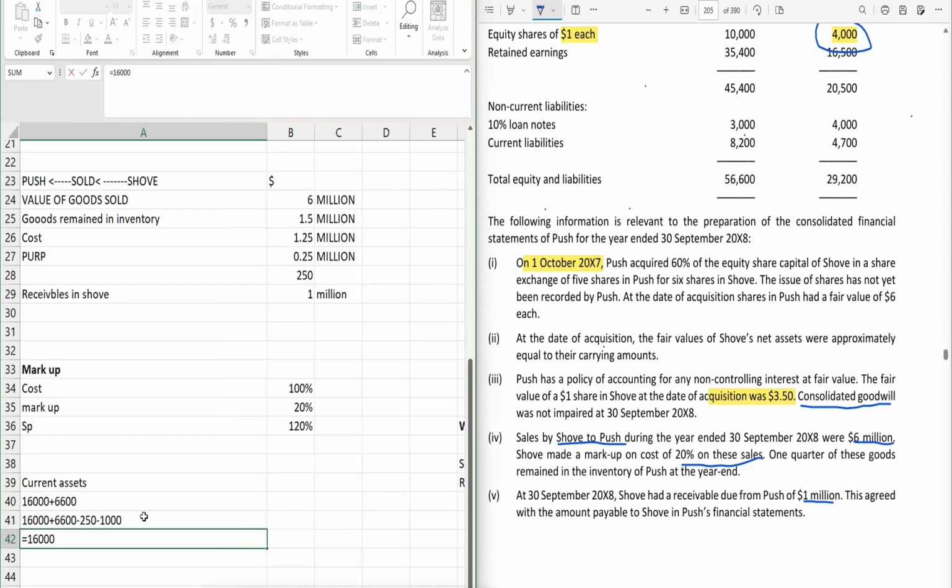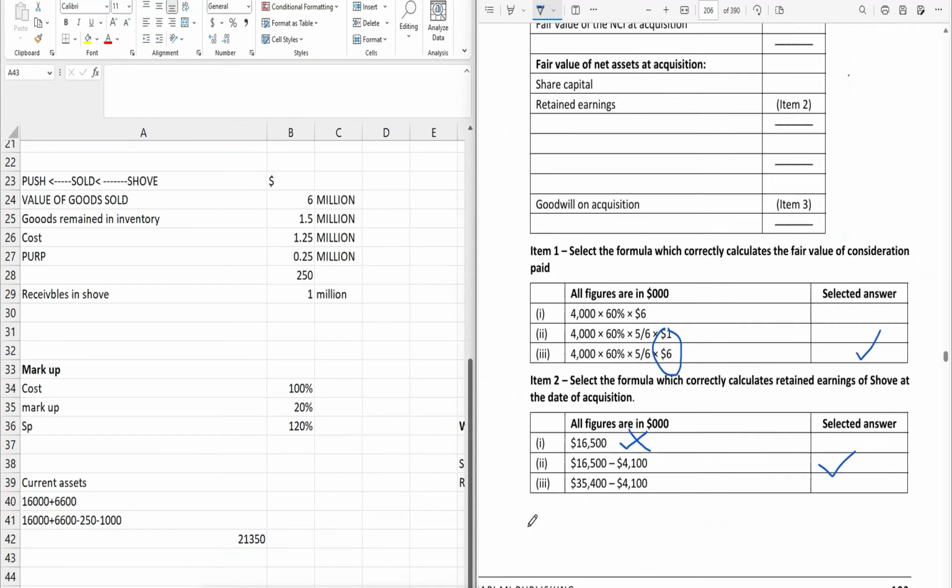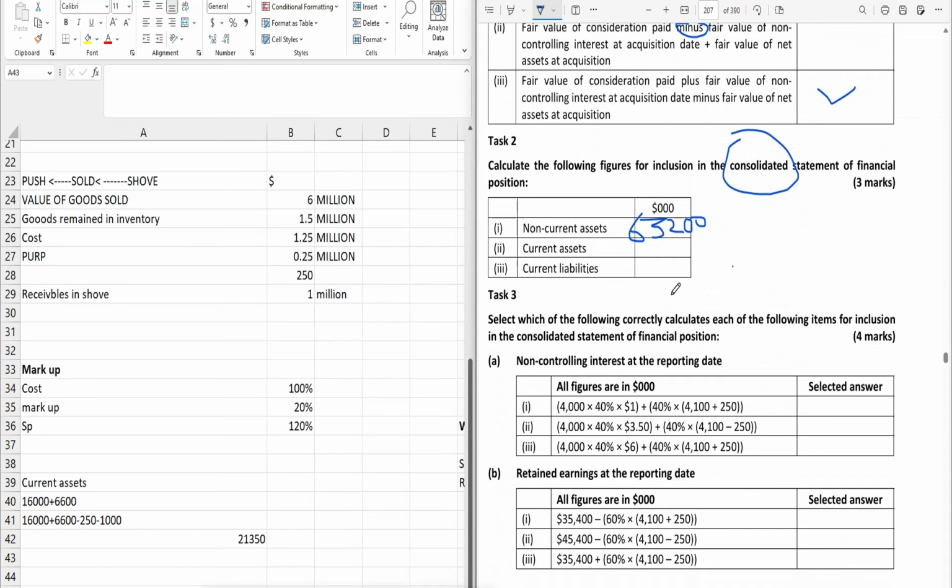Doing all this calculation will give us 250 minus 1,000, which is 21,350. Okay, so we have taken 30 common, and the question also required taking the 30 common. So the value will be 21,350. Okay, so now current liability.